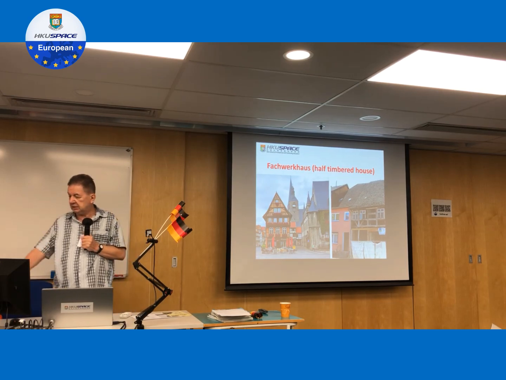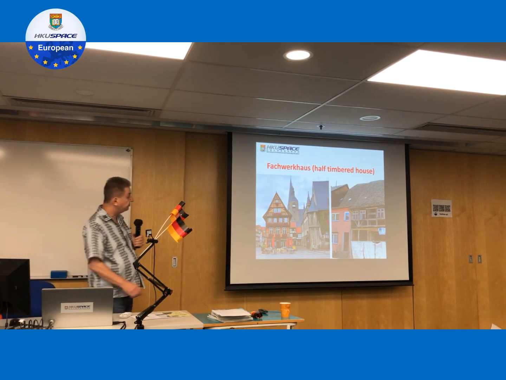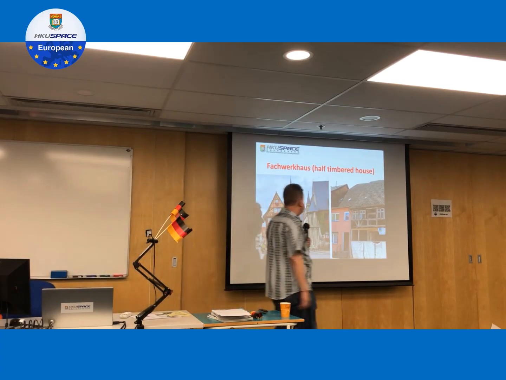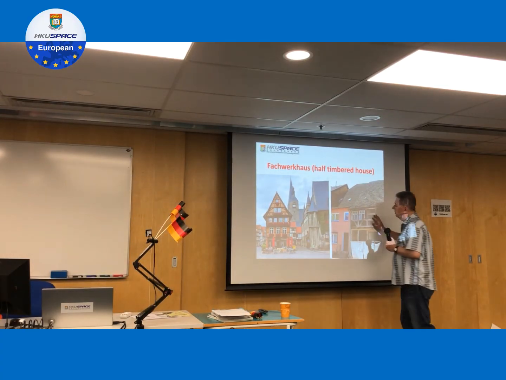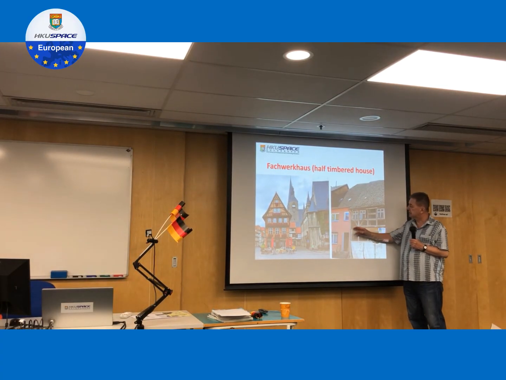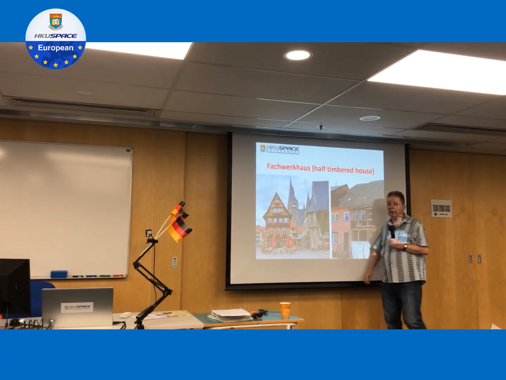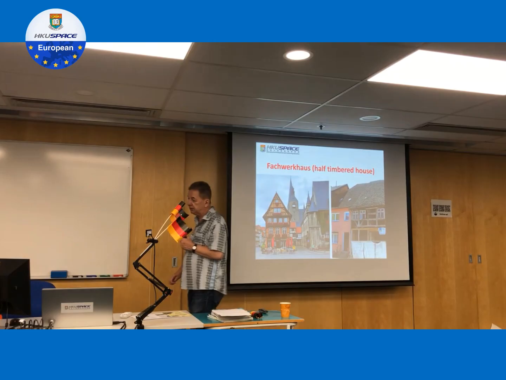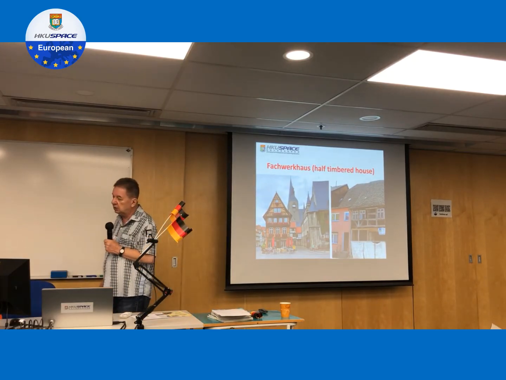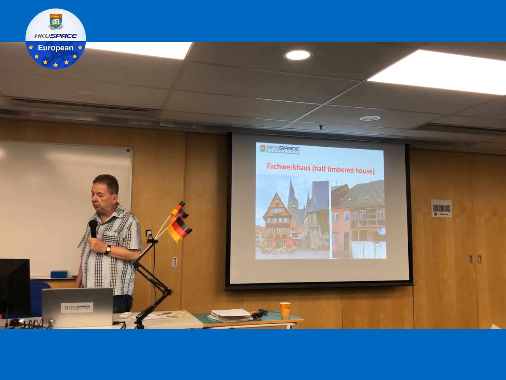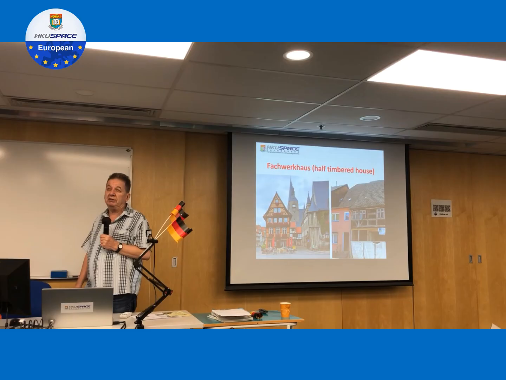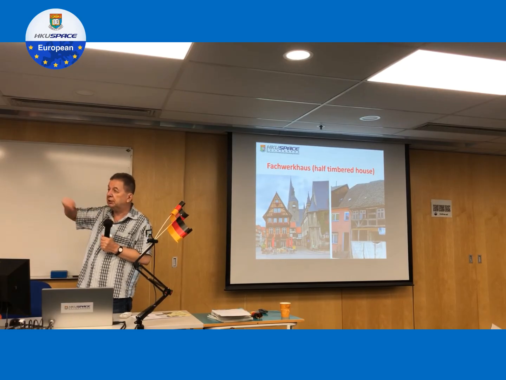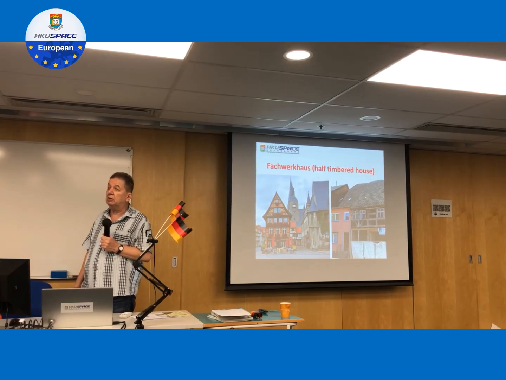When we look at this house here on the right-hand side, the left-hand house would look the same as the right-hand house. This less fancy half-timbered house, less fancy Fachwerkhaus. After the war, people would not want to live in a Fachwerkhaus, so they covered everything to make it look like a normal house.